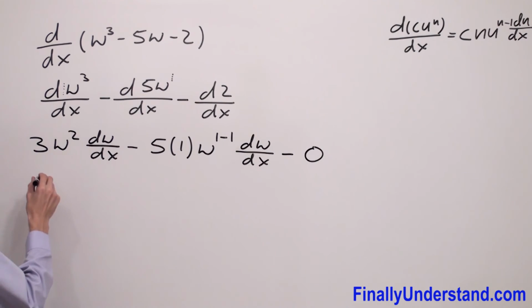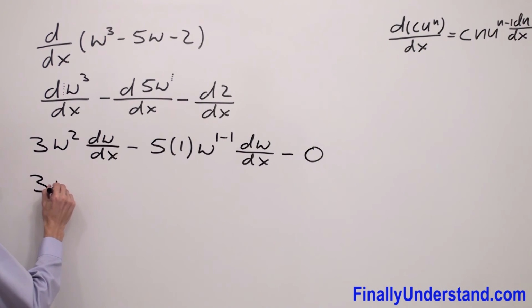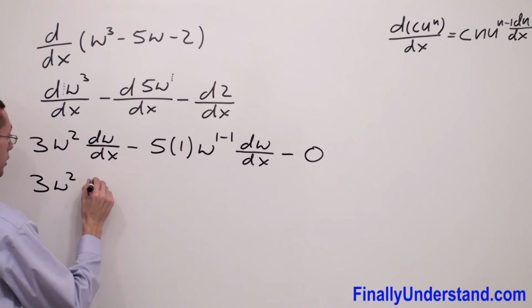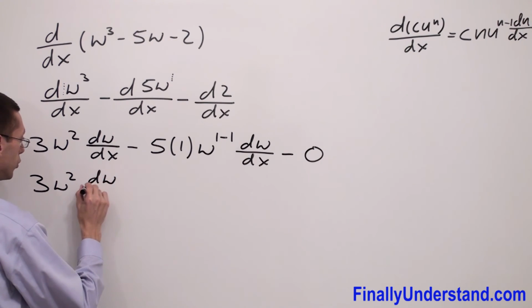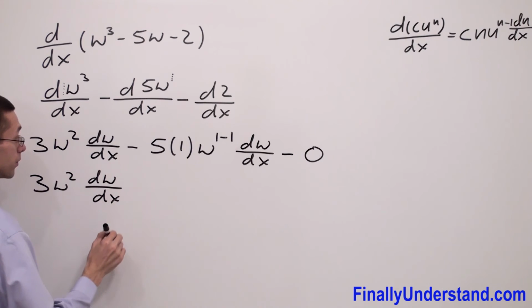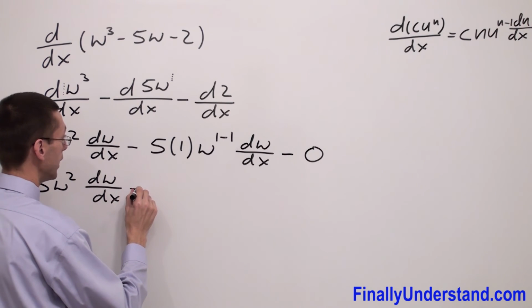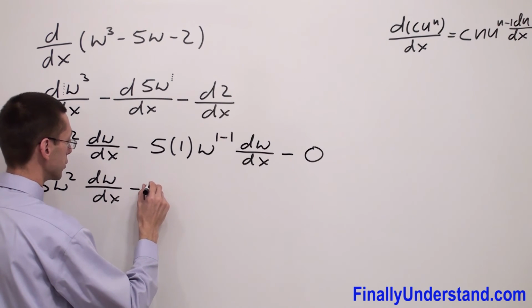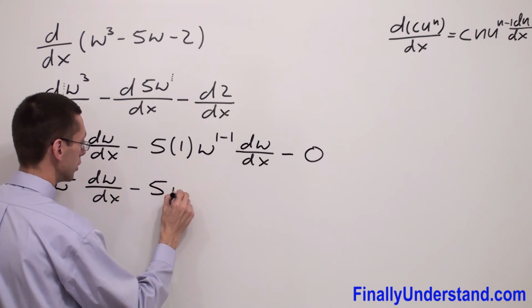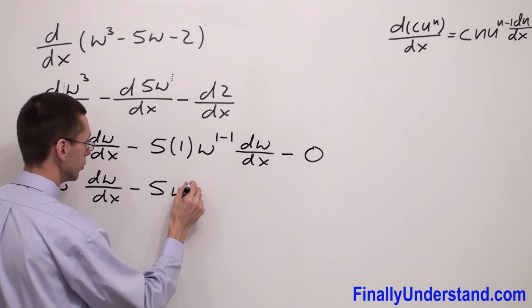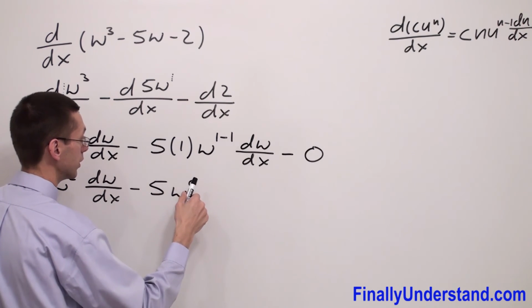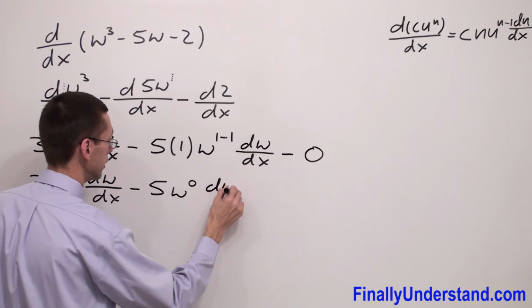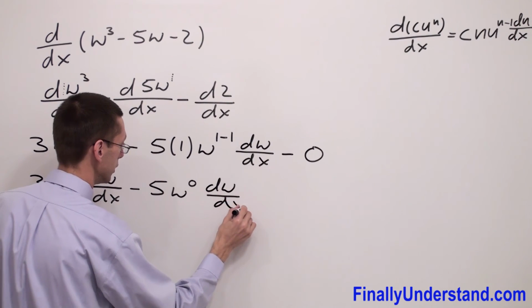So I have 3w squared dw over dx minus 5 times 1 is 5. So I have 5 w to the 0 because 1 minus 1 is 0, and I have dw over dx.